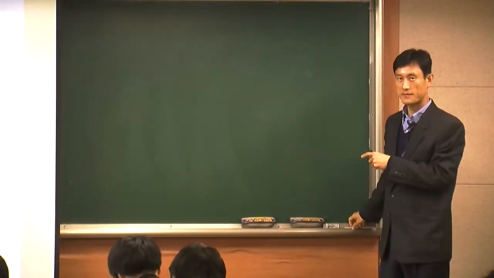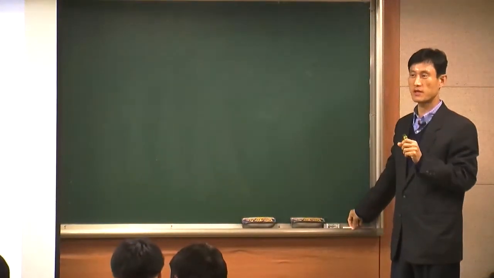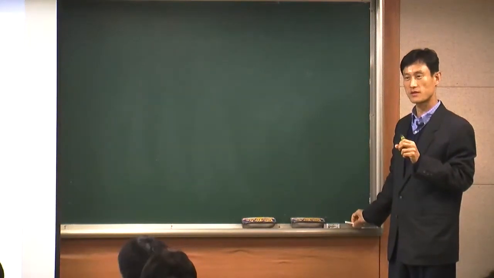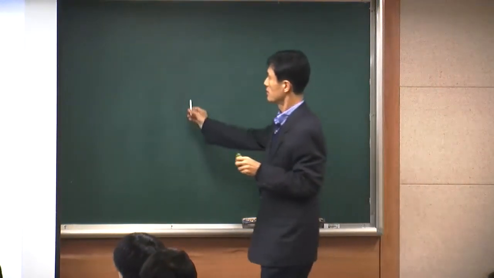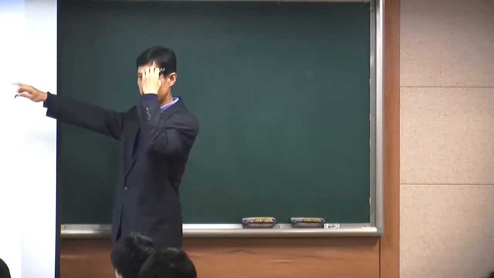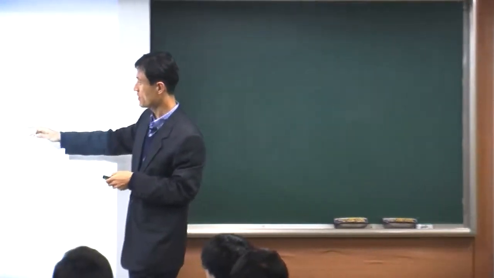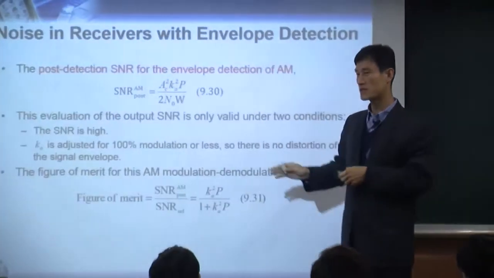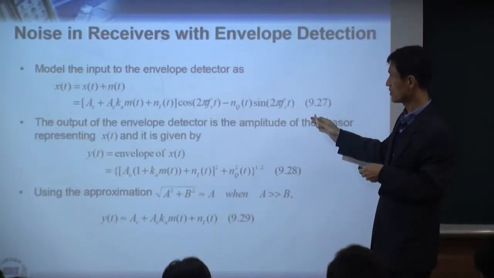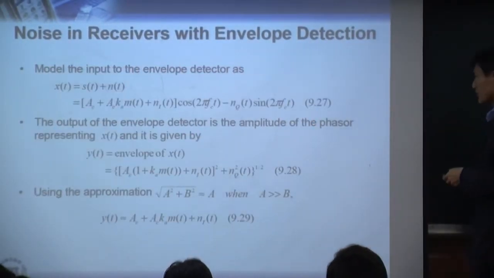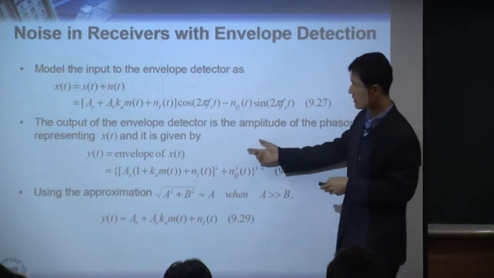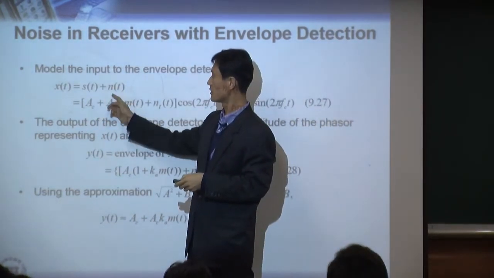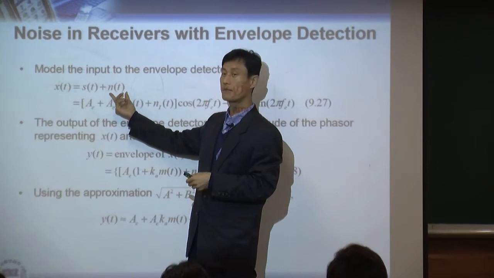In FM, again, amplitude doesn't matter, right? In amplitude modulation, let's go back briefly here, in SSB, DSB, this kind of amplitude modulation, let's say you have s(t) plus noise, but the noise has some amplitude.